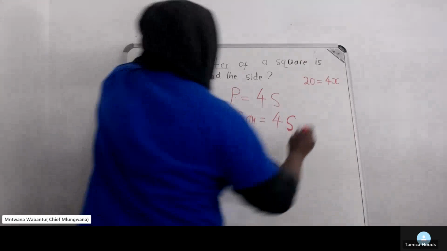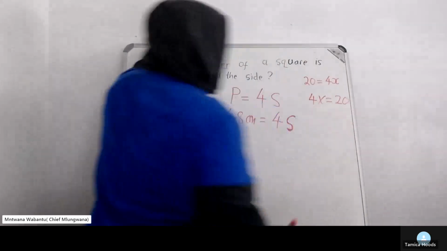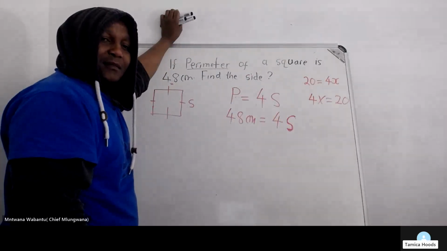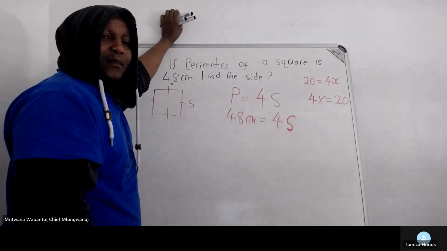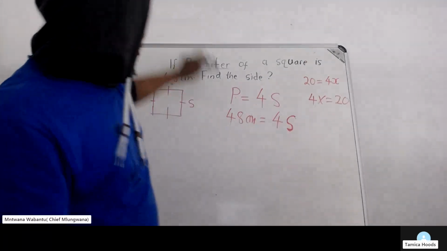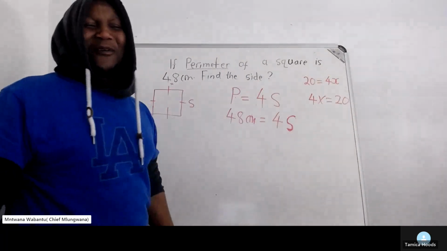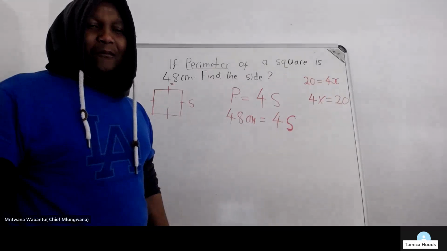Okay, let me ask you this. What about 4x equal to 20? Do we take the 4 over? How? Come on now. 4x equal to 20. How are we going to solve this, Tamika? You know how to solve it. Divide.